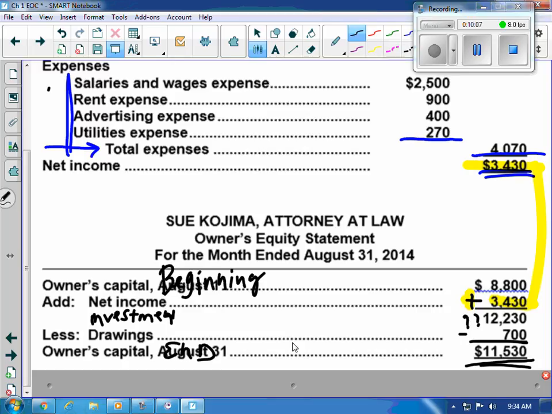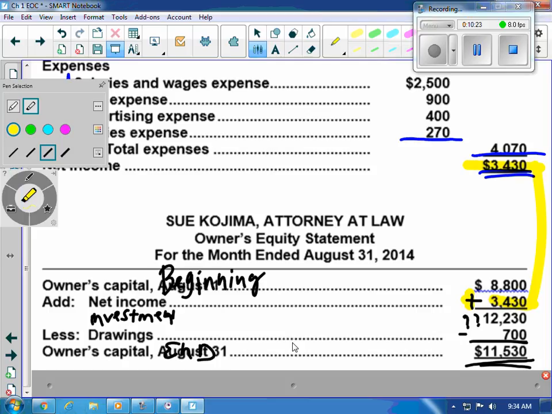Double rule at the end. Are we going to use that number somewhere else? We absolutely are. We're going to take that number and use it finally on the balance sheet, which is on a different page for you, isn't it?